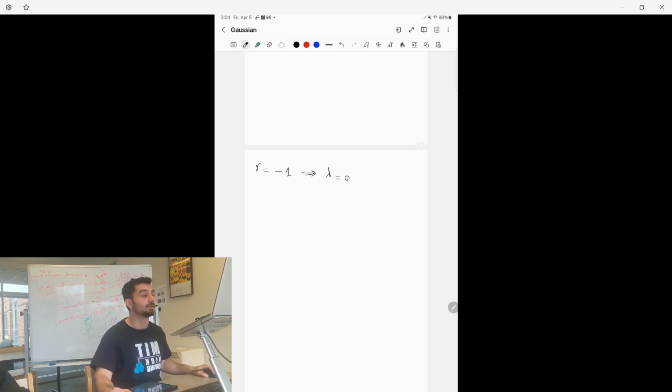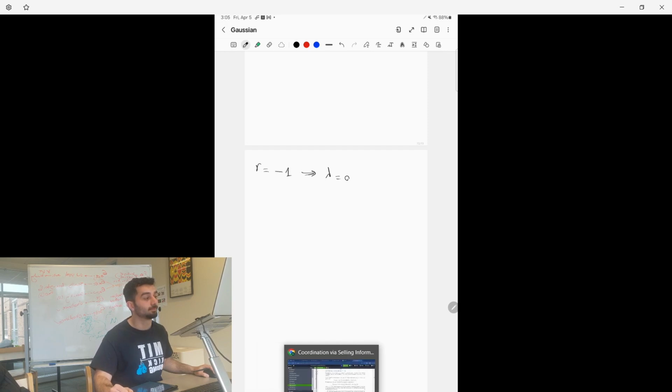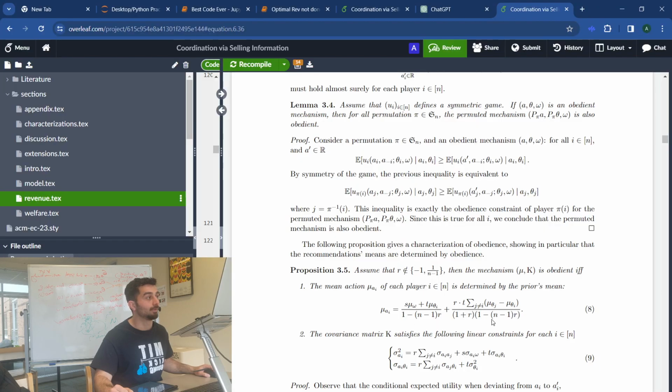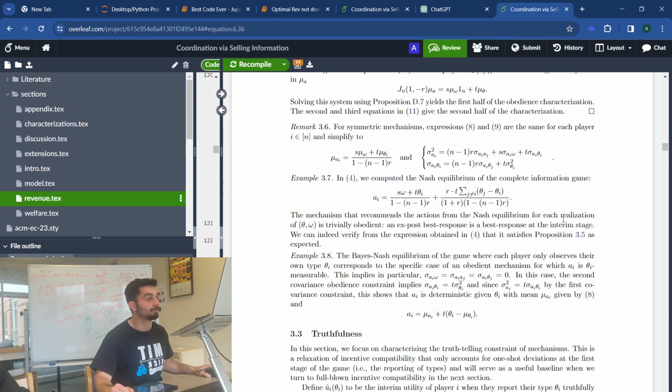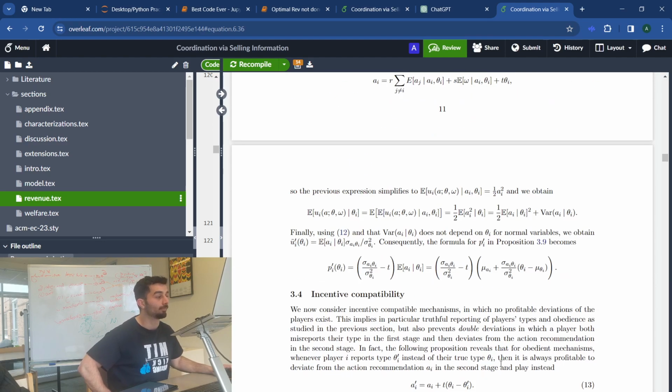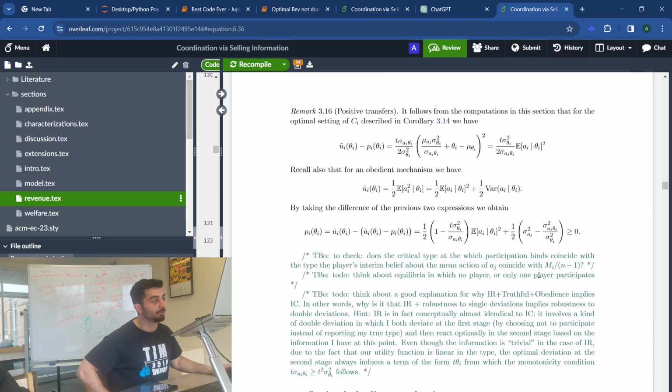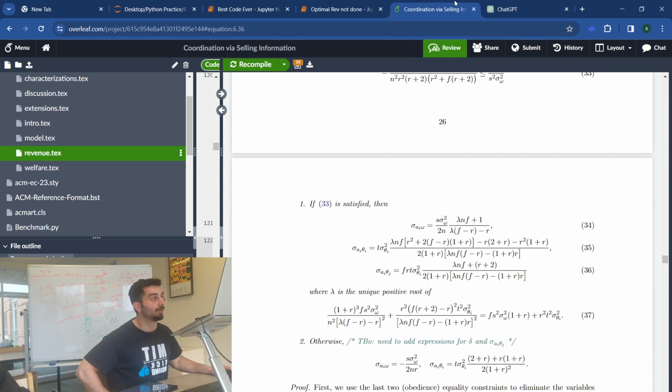Let's see how it goes. Lambda 0. Oh, this is the second one.